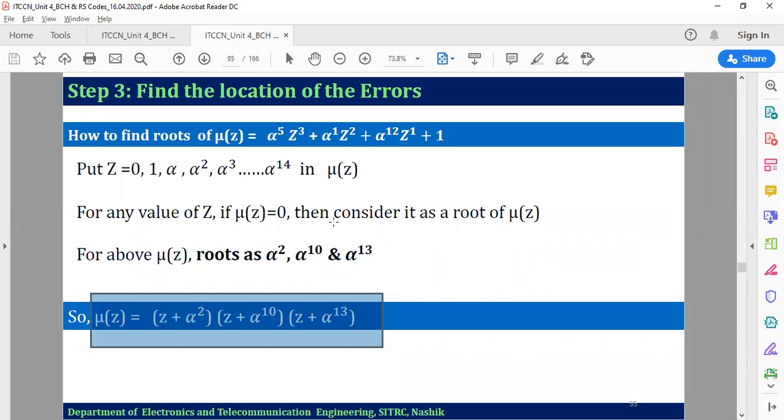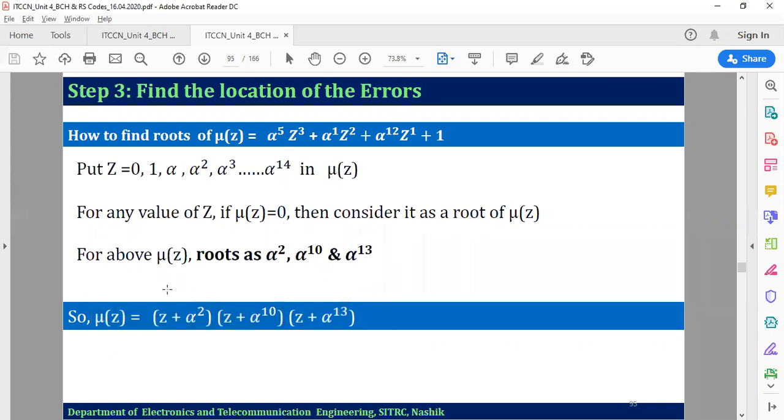So in the exam also, if the theory exam is conducted as per the regular format, you will have to solve this using this method. If you are done with this slide, please let me know.